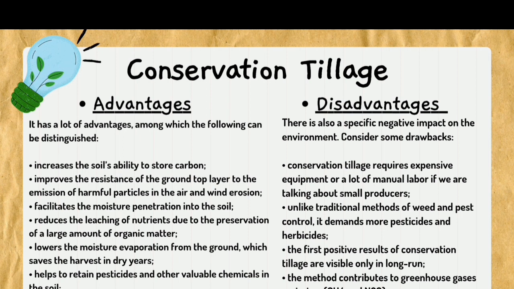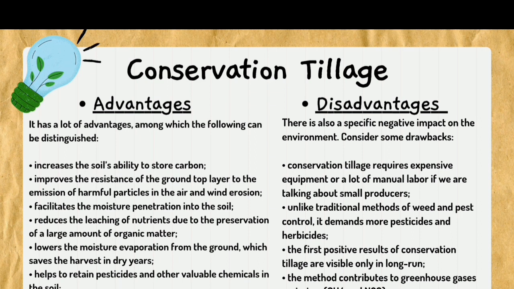There is also a specific negative impact on the environment. Consider some drawbacks. Conservation tillage requires expensive equipment or a lot of manual labor if we are talking about small producers. Then, unlike traditional methods of weed and pest control, it demands more pesticides and herbicides.